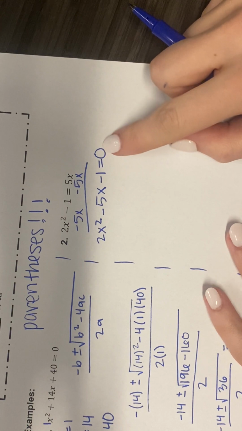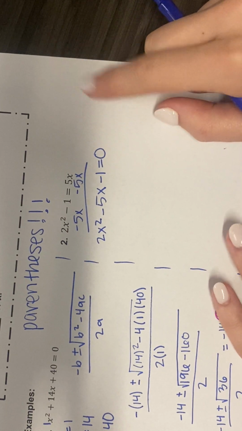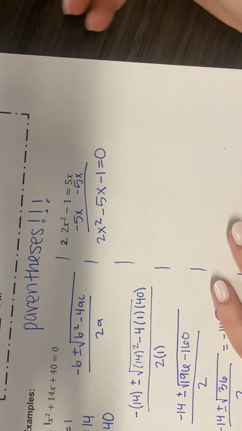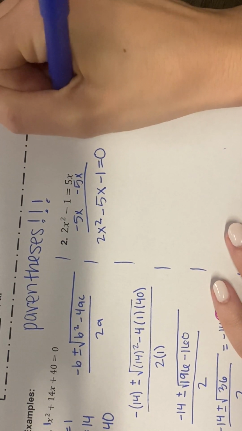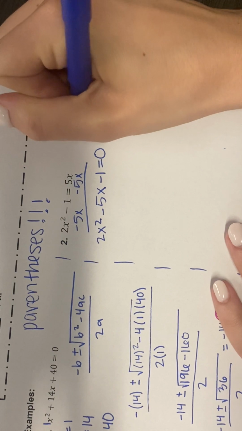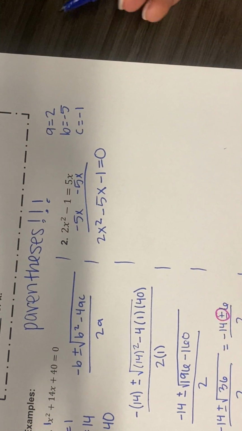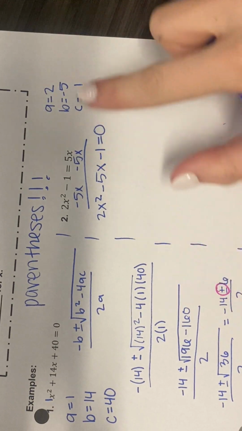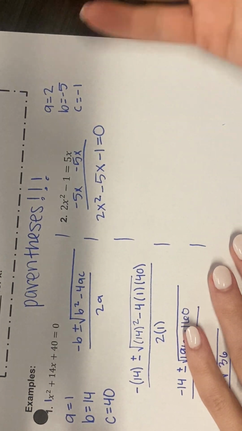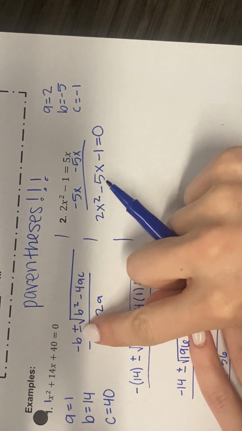Now that we're equal to 0, we can write down our a, b, and c. I'm going to write it up here just because I don't want to run out of room. So my a is 2, my b is negative 5, and my c is a negative 1. This is when your parentheses are really going to come in handy because I have a lot of negatives. So we have negative b.